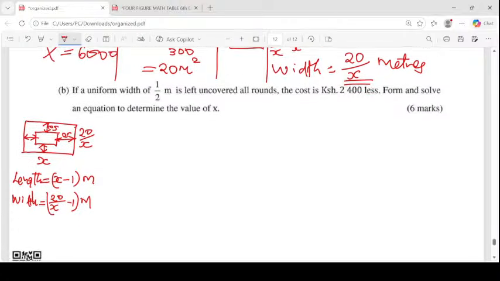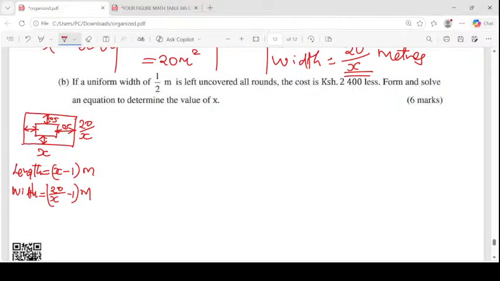And if that is the case, those are the dimensions now of the shaded part. Let me shade it. Those are the dimensions of that area covered by the carpet.